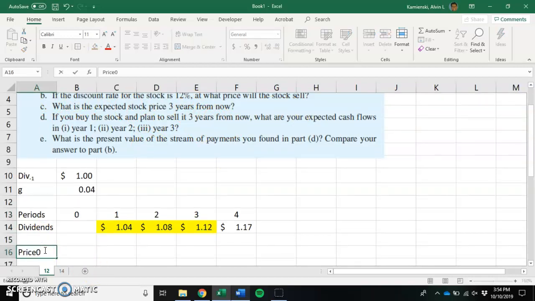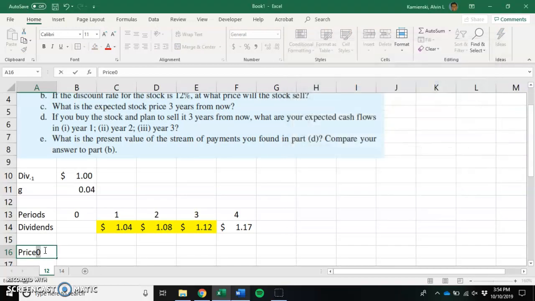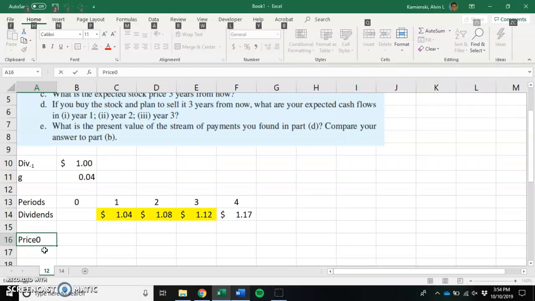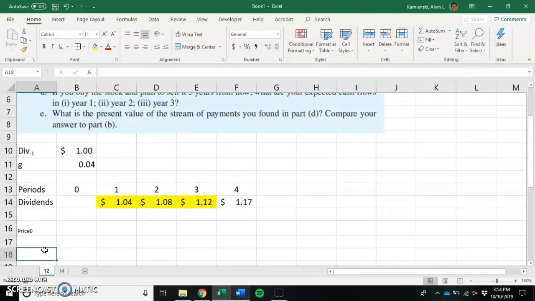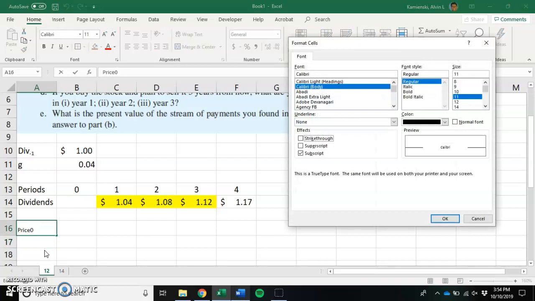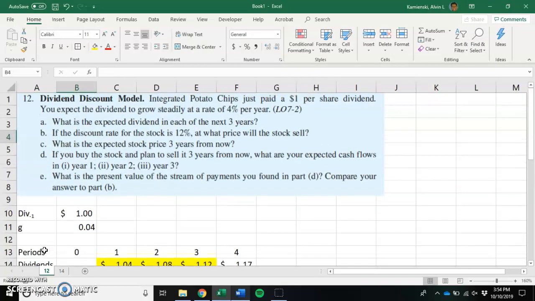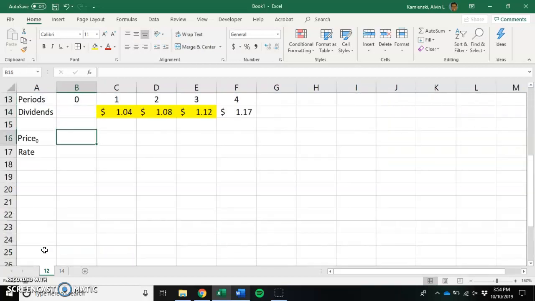Well, it's asking us for the price right now, and here's what it's told us that we need to know. In addition, sorry, I'm trying to get my subscript in there and I'm missing. I made the whole thing a subscript, which was a little bit more than we were trying. All right, with a rate then, it said was equal to 12%. So with a rate of 12%, at what price will it sell right now?